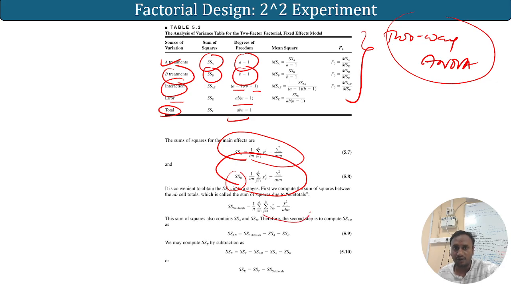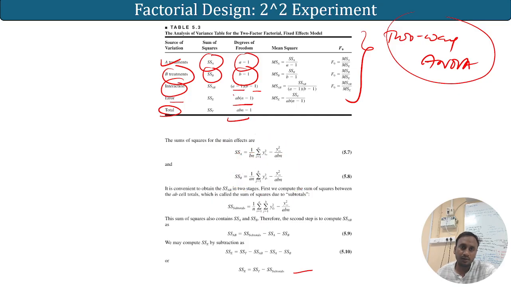Then we have also calculated SS total, similarly. I think it's clear now. Or if any doubt is there, please ask.